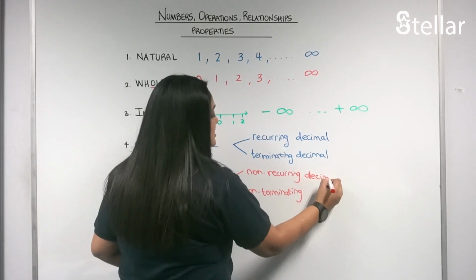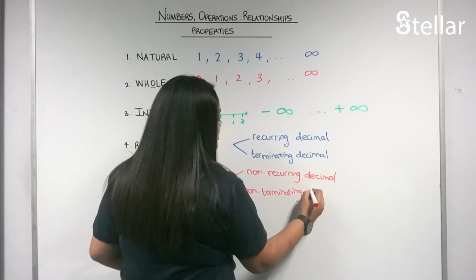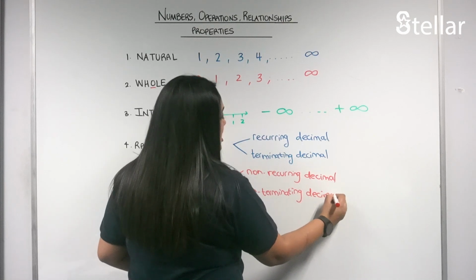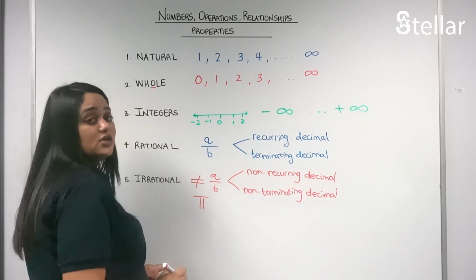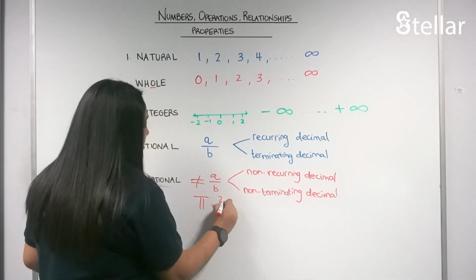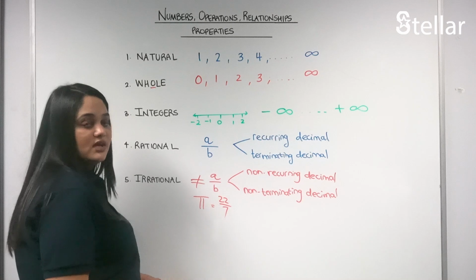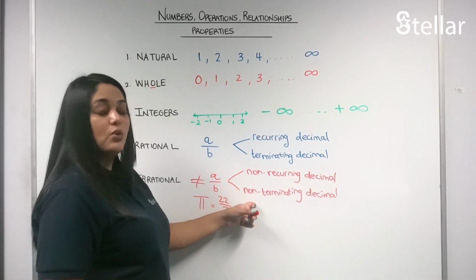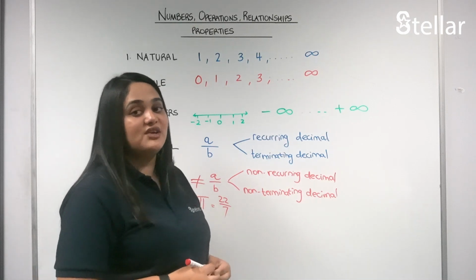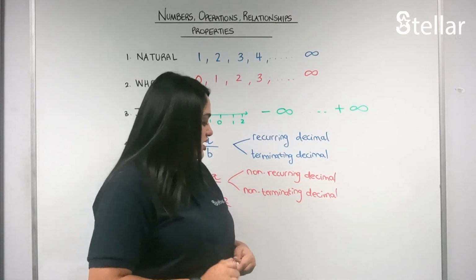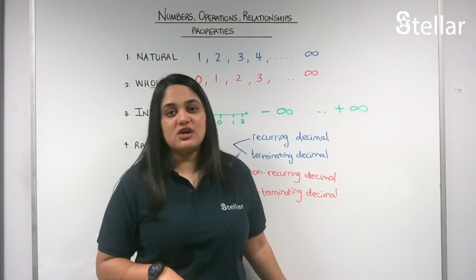So it does not terminate, it is not recurring, right? A good example of this is pi. Though pi can be written as 22 over 7, it is neither recurring nor terminating, and therefore pi becomes an irrational number. So that's just some properties of numbers.